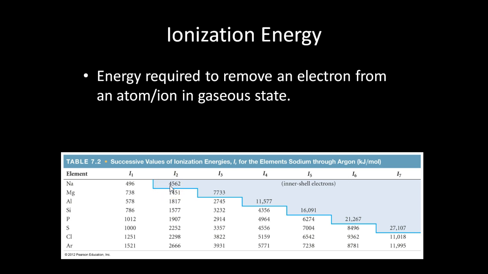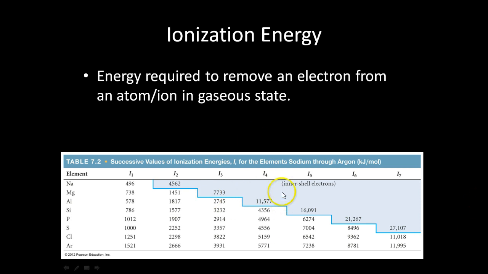Okay, so it's almost 10 times as hard to remove that second electron as it is to remove the first electron. For magnesium, the first one is 738, the second one is 1451, so it's about twice as hard, and then the third one is 7,733 kilojoules per mole.